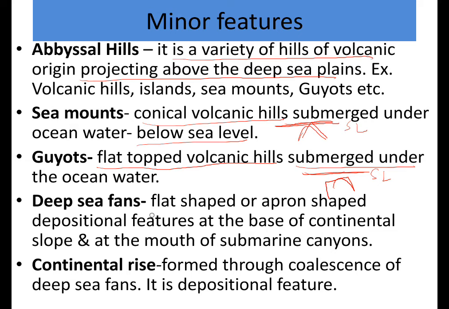Deep sea fans are fan-shaped or apron-shaped depositional features at the base of the continental slope and at the mouth of submarine canyons. These are depositional features, as on the continents where plains form because of deposition. Say this is a sloping region; materials are eroded by the water from here and deposited in the plains region like this.